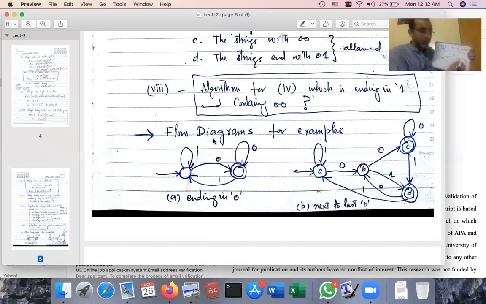I can put this 1 here also, but then it means that taking either zero or one, you reach the final state. But according to the definition of this language, ending with zero, you would be allowing that if the minimum string is one, this finite automata will accept it, which is wrong actually. So I cannot put this one here, only zero is okay.